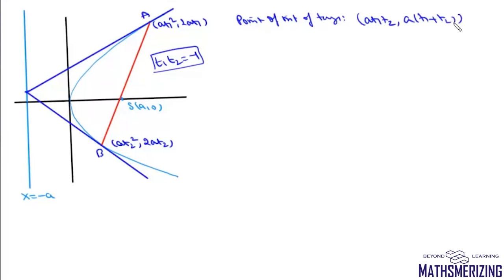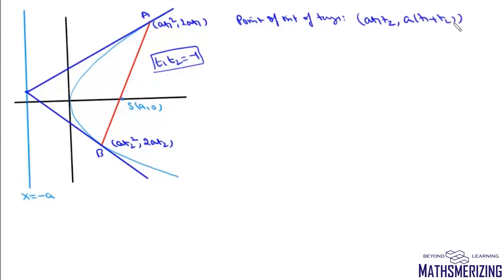So if we put t1 t2 as minus 1, we'll get this result as minus a, and this is a times t1 plus t2. So its x coordinate is minus a, which is independent of t1 and t2. So it simply means if tangents are drawn at endpoints of a focal chord, then they'll always intersect at the directrix.